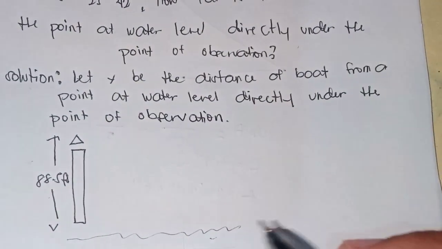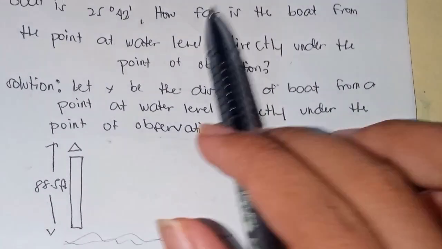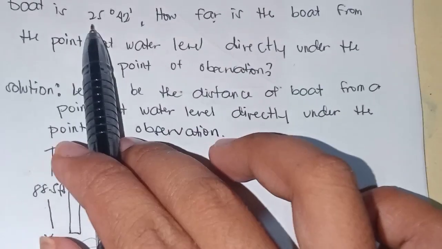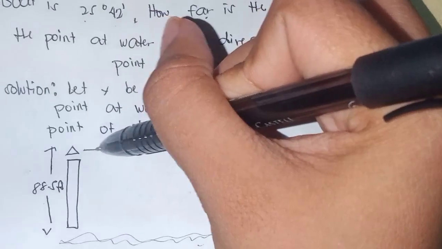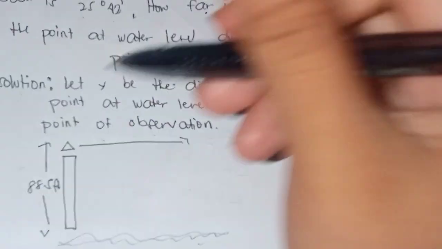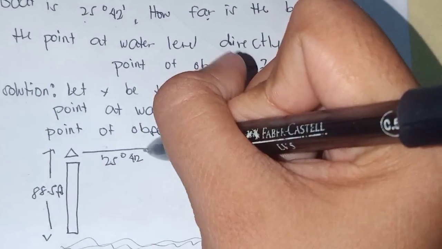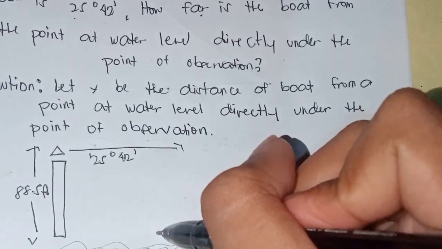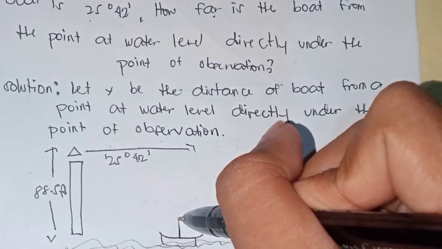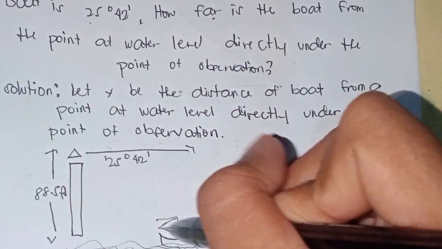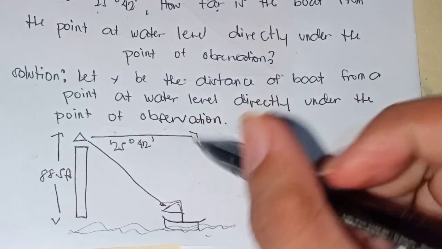Next, the angle of depression of a boat is 25 degrees and 42 minutes, measured from our horizontal ray. So our boat is here. Just imagine this is a boat.